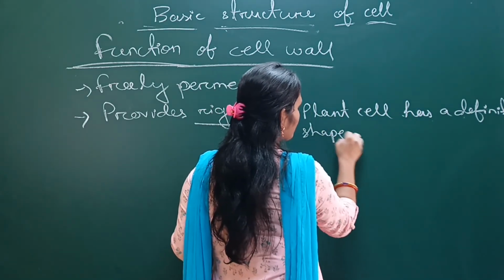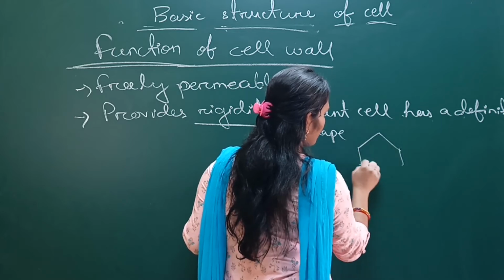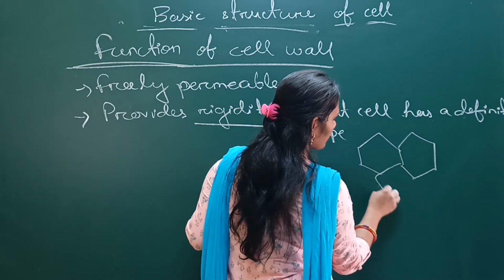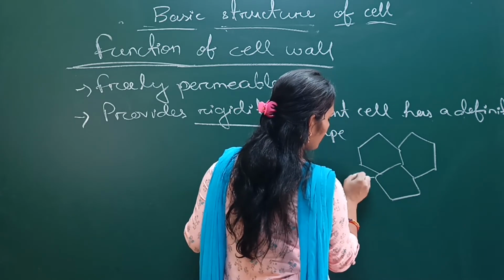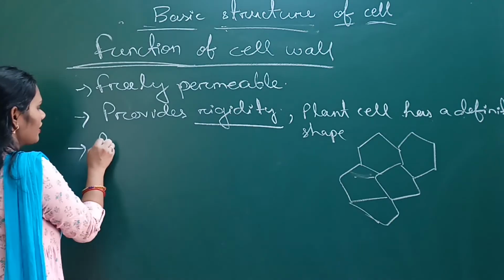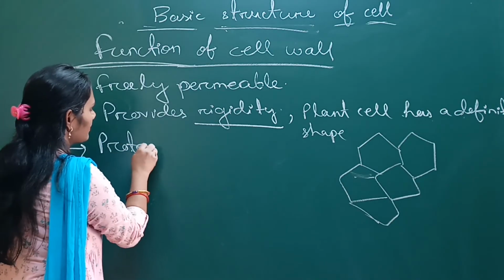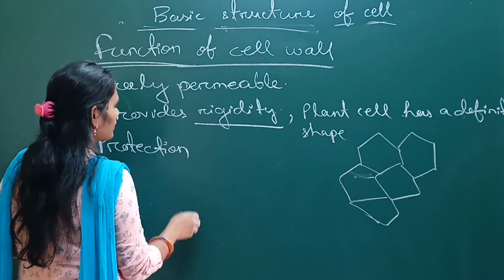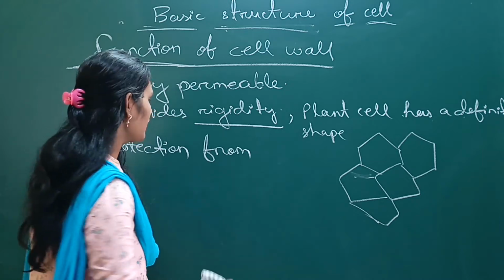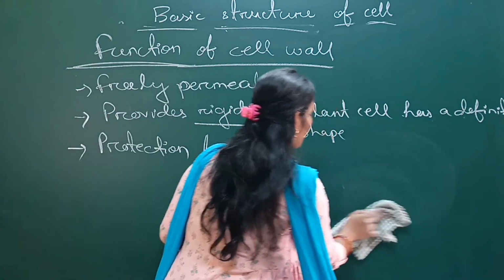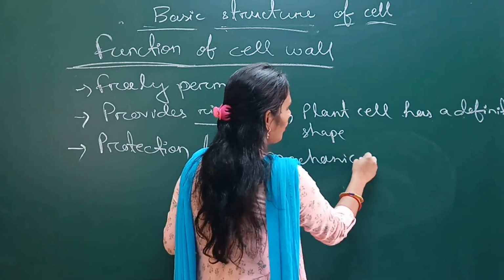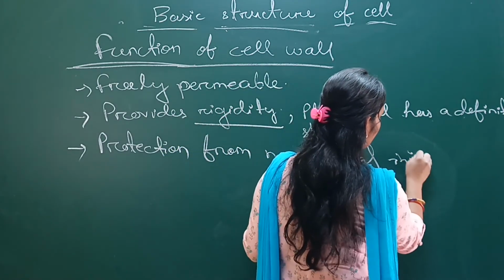Just like this structure, plant cells have some shape, but not a round shape. It also provides protection to the cell from mechanical injury or any infection.